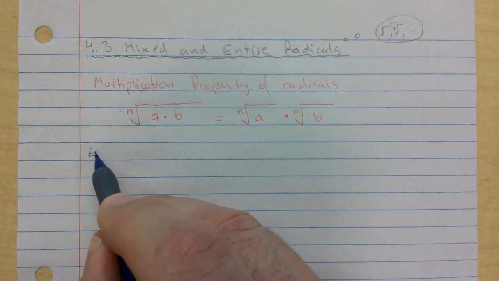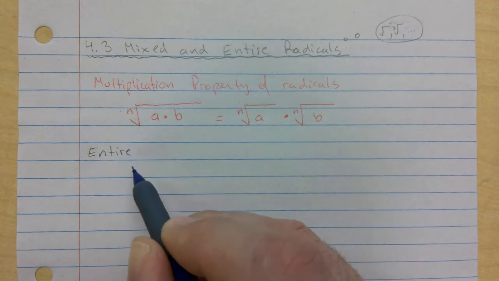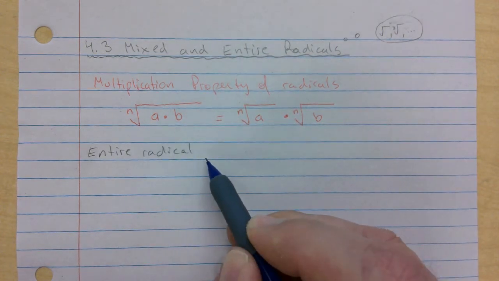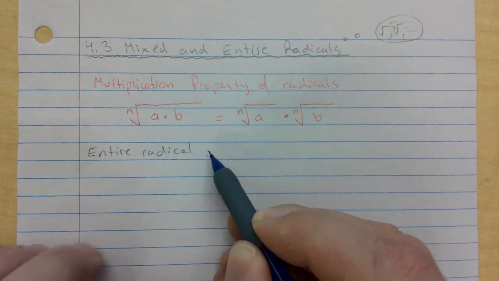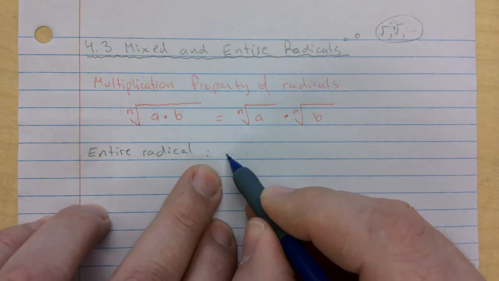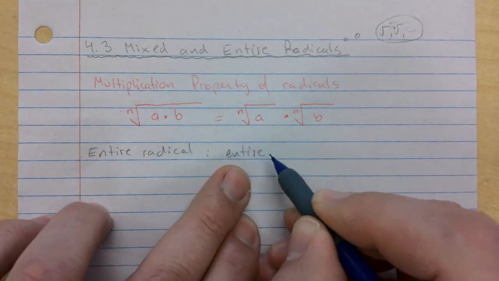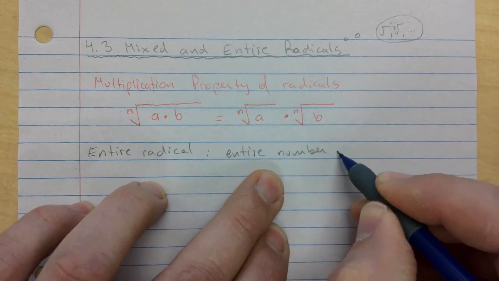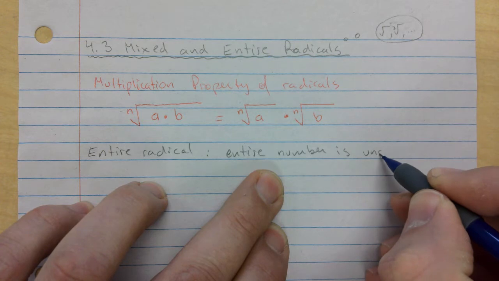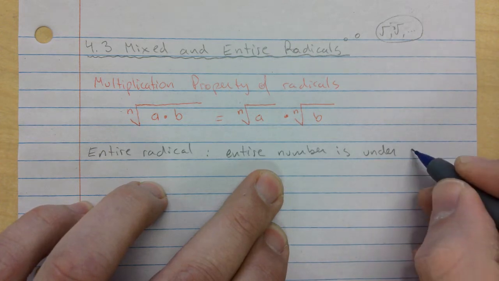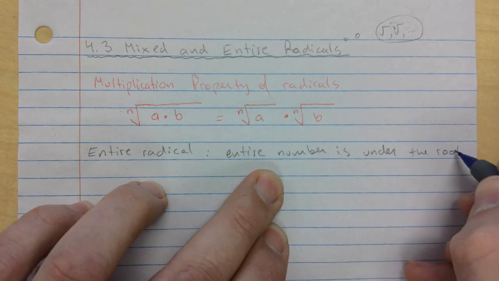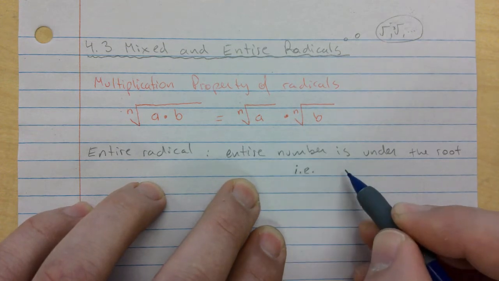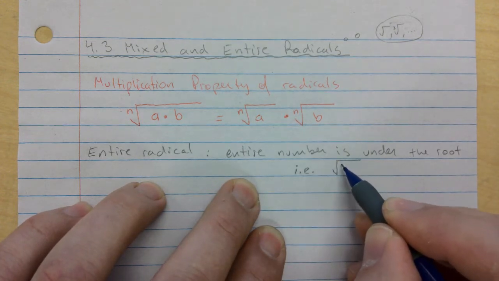Okay, we have something called an entire radical, and that just means the entire number is under or inside the root. In other words, square root of 40, for example.